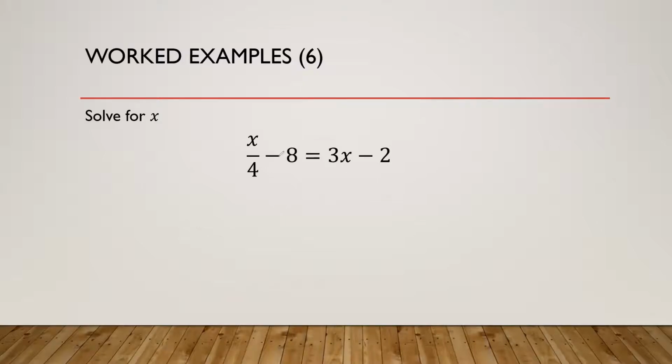So every single one of these terms will need to be multiplied by 4 in order to get rid of this. Remember, when we do something to one side, we've got to do it to the other side. So what we're doing is this. We're multiplying this by 4.